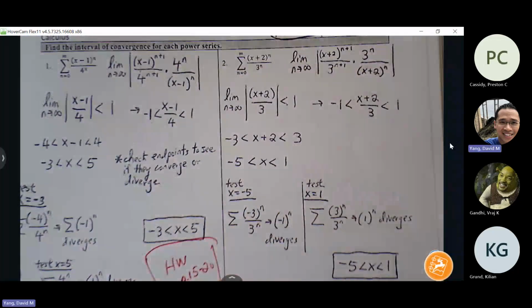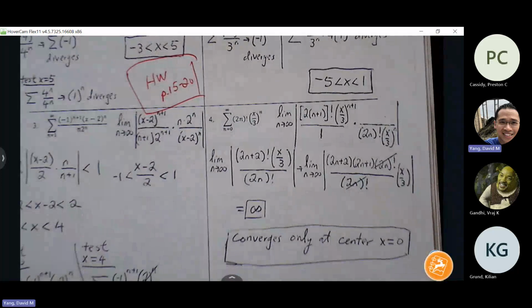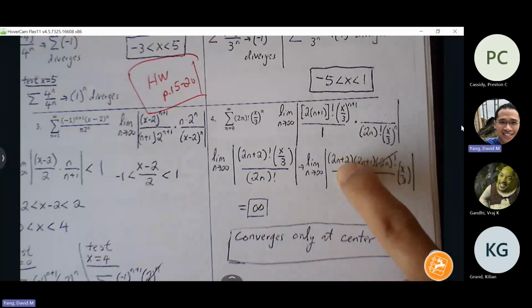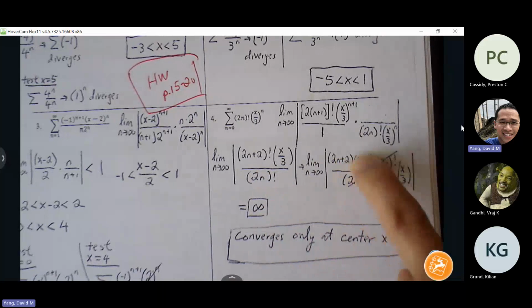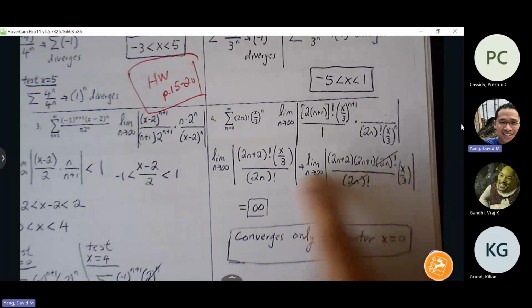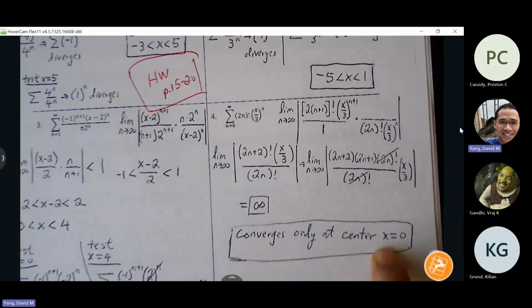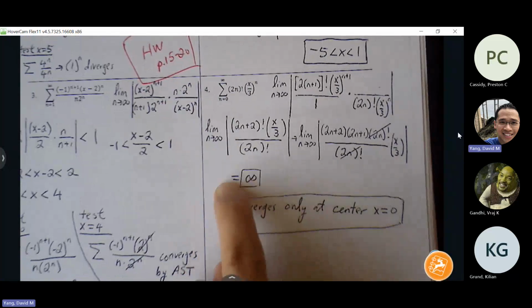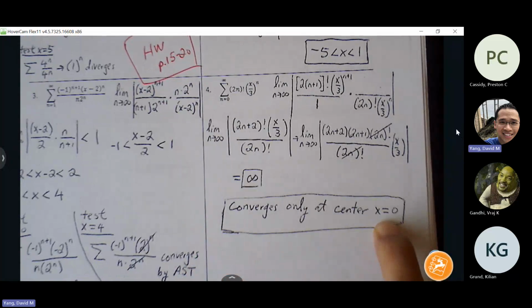But if the n's remain in the problem and push it out to infinity, then the series will only converge at the center, meaning that it diverges everywhere else, but we can at least guarantee that the center will converge.